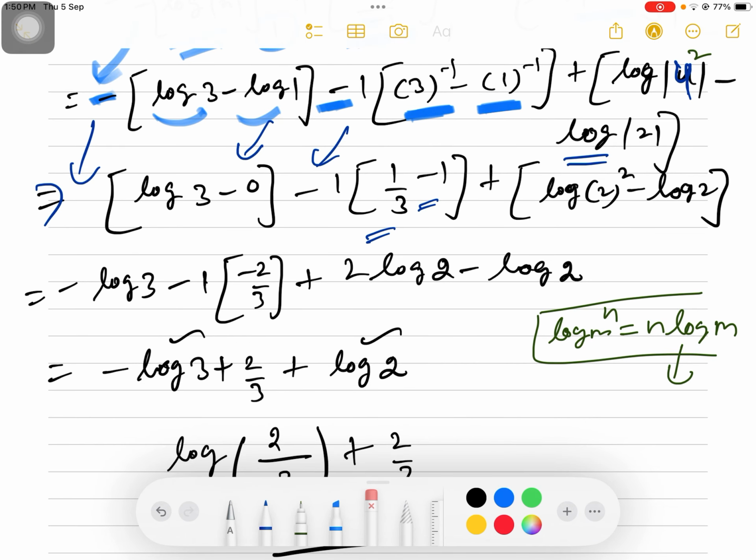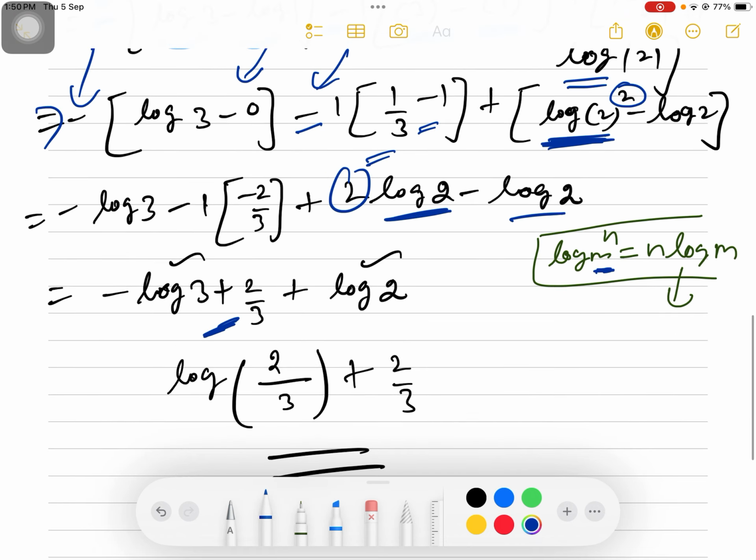Okay, chalo. So the next thing is, now this minus sign I will multiply by this log 3, so it will be negative log 3. Then this 1 by 3 minus 1, if you solve, you will get minus 2 by 3, so minus and minus, plus 2 by 3 you will get. And then you apply that property to log 2 power 2: log m power n will be n log m, so this 2 will come in front and log 2 will come here, minus log 2 as it is.